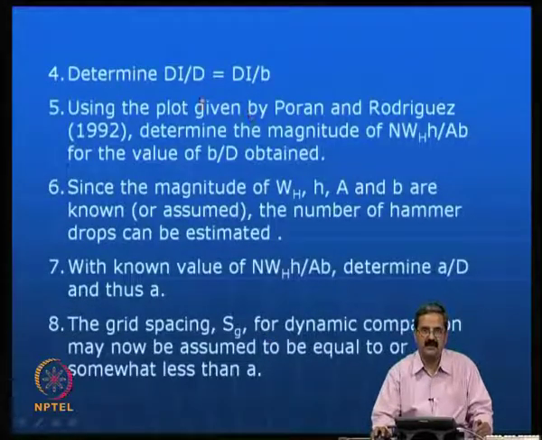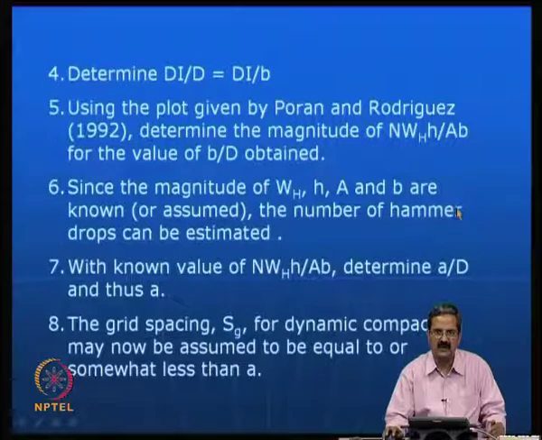Using this plot, which is given in a Canadian Geotechnical Journal paper, you need to estimate the magnitude of this particular factor. Since you have some numbers here, like weight and height, you can determine the number of drops in a quite comfortable way, and you will also cross check what the A and B values are.